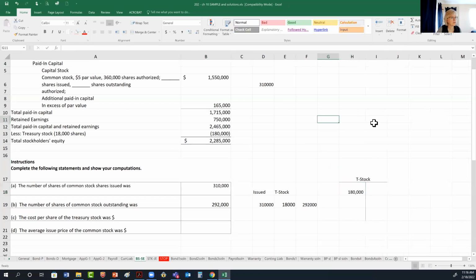Think about that journal entry. When we purchased the treasury stock, we said debit treasury stock, credit cash. JR, you're correct. 180,000. And our description would have been purchased 18,000 shares.